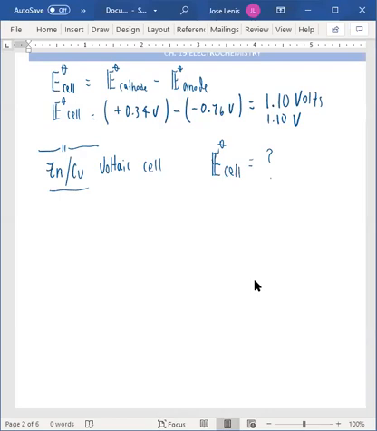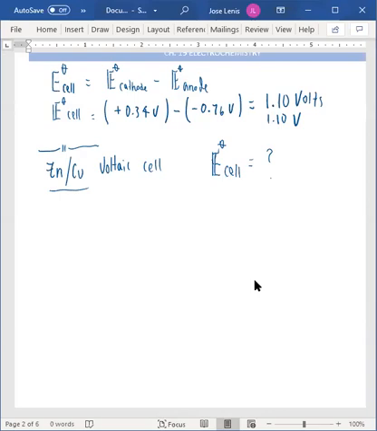We use the standard electropotentials to find the half reactions, one half reaction for copper and one half reaction for zinc. And we just found from the table, that is also posted on the Blackboard, one half reaction.